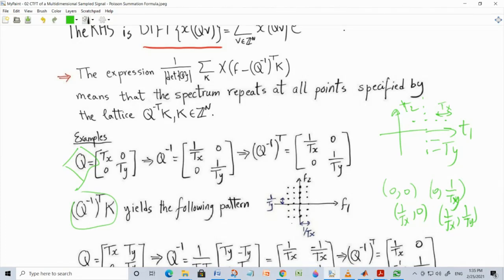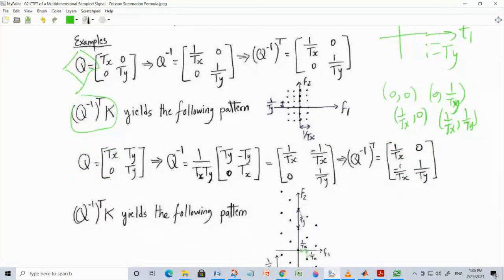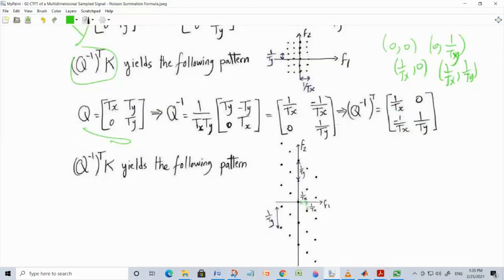Which again is like in one dimension. In one dimension, you start with a signal that becomes periodized when you sample it. Now, if you start with this Q matrix, which is not rectangular, plotted on the previous page, the pattern of repetition in the frequency domain is again characterized by Q inverse transpose.